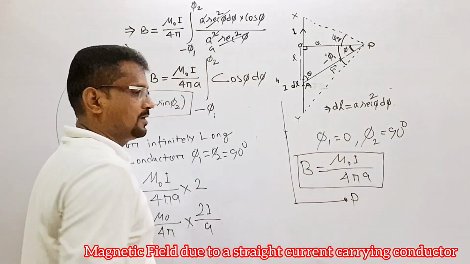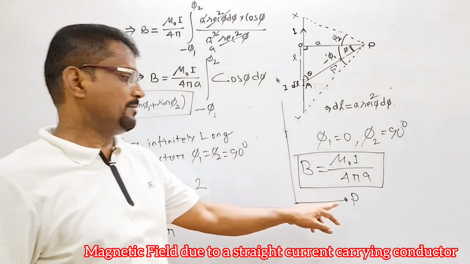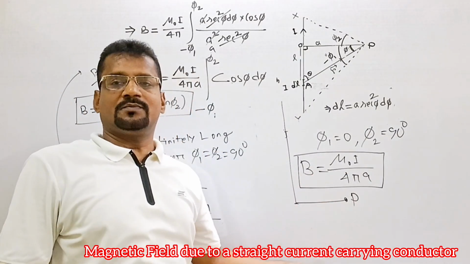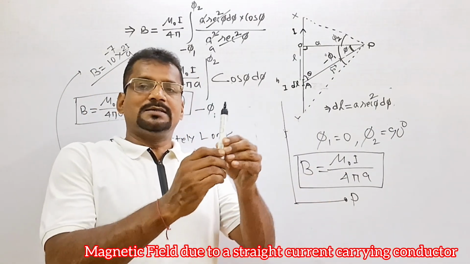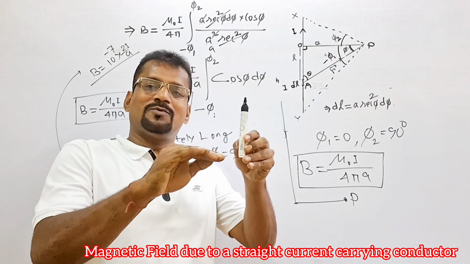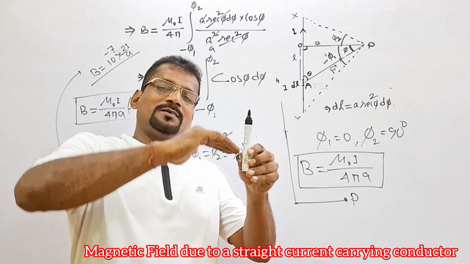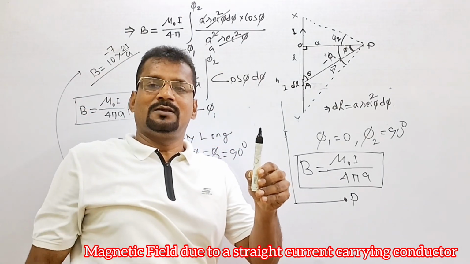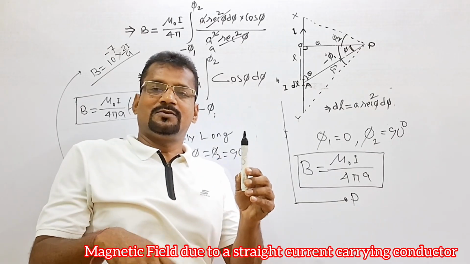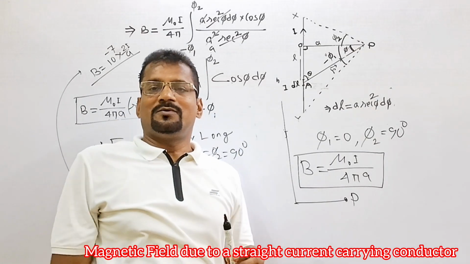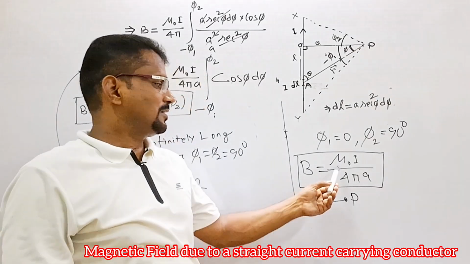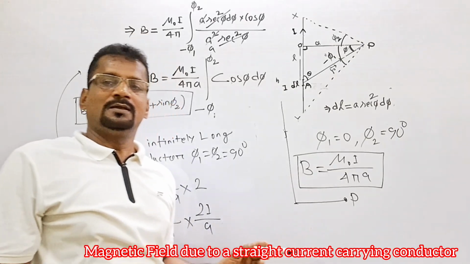If the point P, where you are calculating the magnetic field, lies at or near one end of the conductor, and the rest of the conductor is infinitely long, then one angle will be 0 degrees and the other angle will be 90 degrees, and the magnetic field will be this.